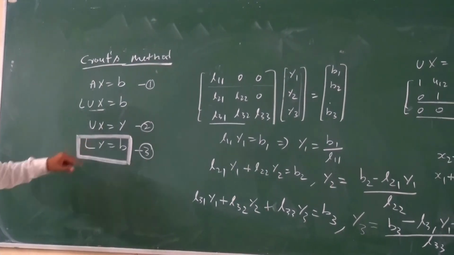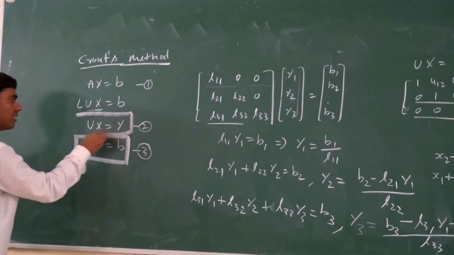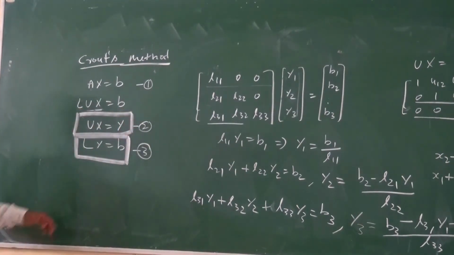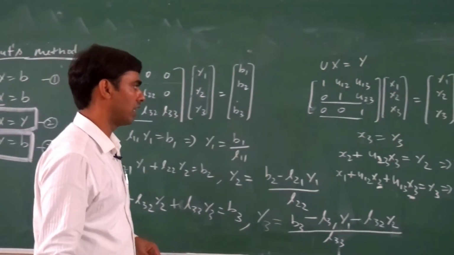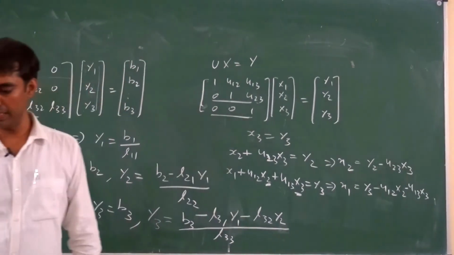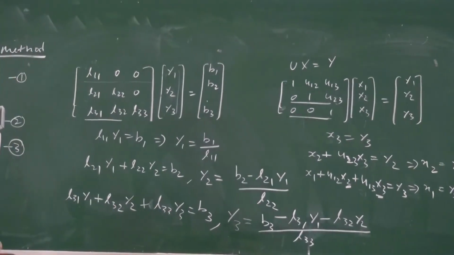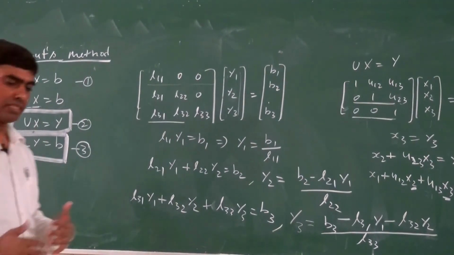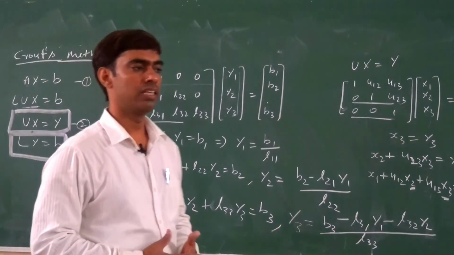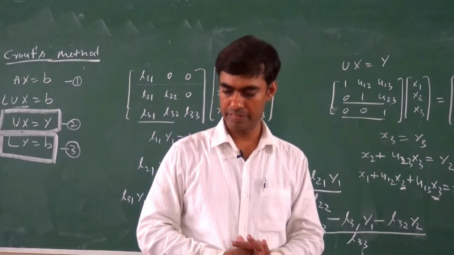Once we find the values of y, we put them in the equation Ux equals y. Then with the help of backward substitution, we find the values of x1, x2, x3 and so on. So this is the general procedure for finding the solution of a system of linear equations with the help of Crout's method.